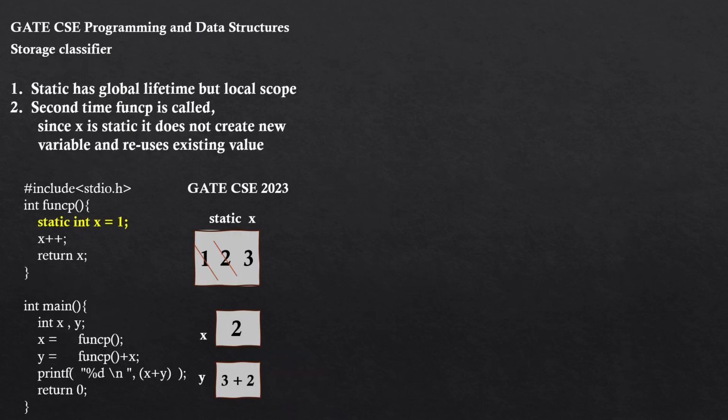Let's have a quick overview of whatever we learned so far. Static has a local scope. Remember that the scope is local, but the lifetime is global. The second time function p is called, since x is static, it does not create a new variable and it reuses the existing value.